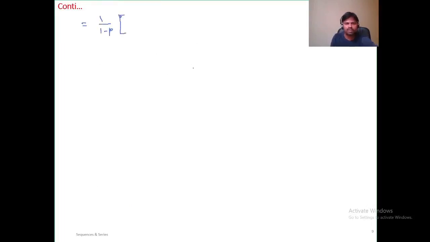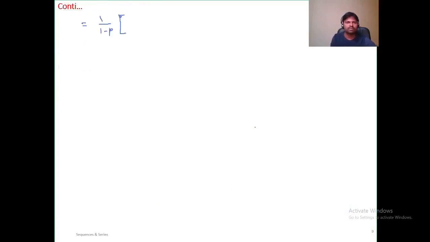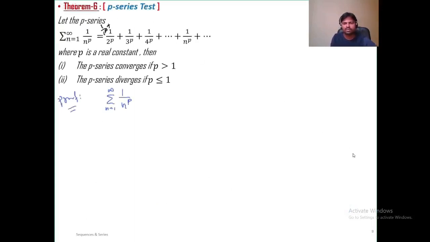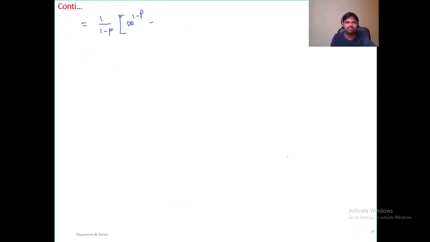After applying the limits, what will we get? Substitute the upper limit infinity, so infinity power 1 minus p, right? Minus the next one, 1 power 1 minus p, right?